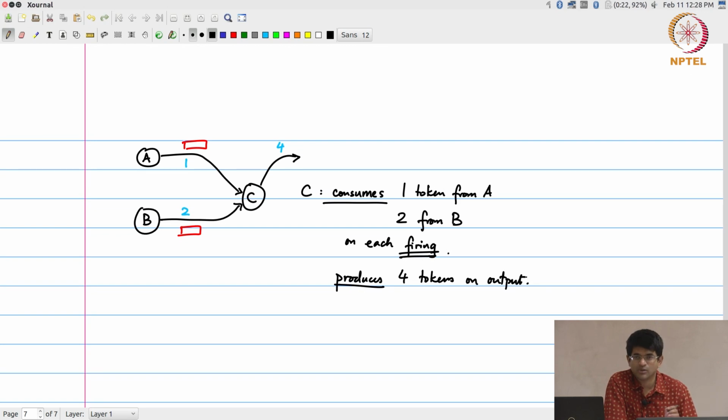Okay. This is valid. I am not saying that this is always to be done or anything of the sort, but having a functional node C of this sort is perfectly valid. It is possible. I can model it using this framework, which means that I can then also create more complex networks.